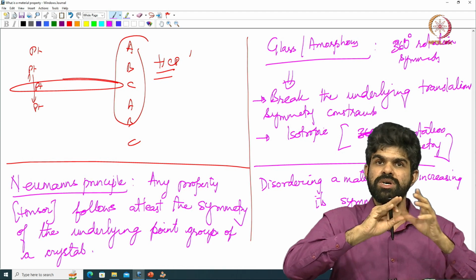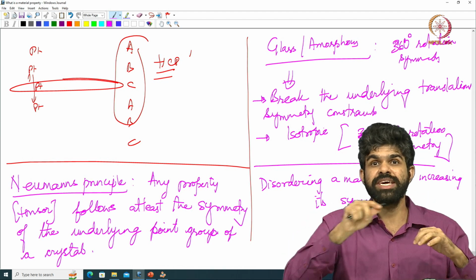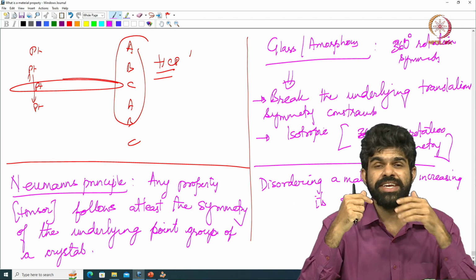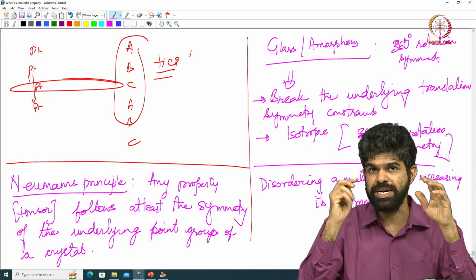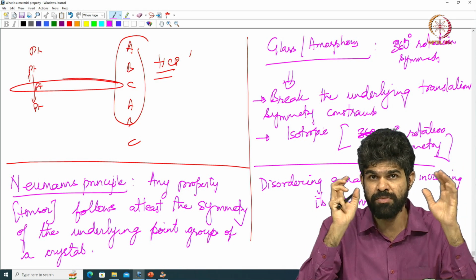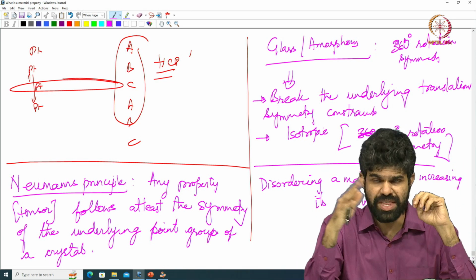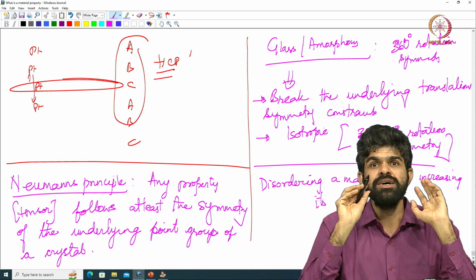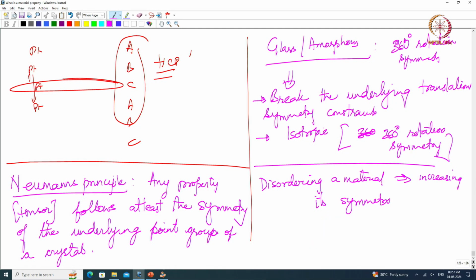I do not have a unique periodic structure that I can define, very simply put. You still have what is called medium range order in a glass and various types of glasses, but very simply put, there is no long range order in a glass as there is in a crystal. But by disordering a material, I am actually increasing its symmetry. So that's the big deal about glass.